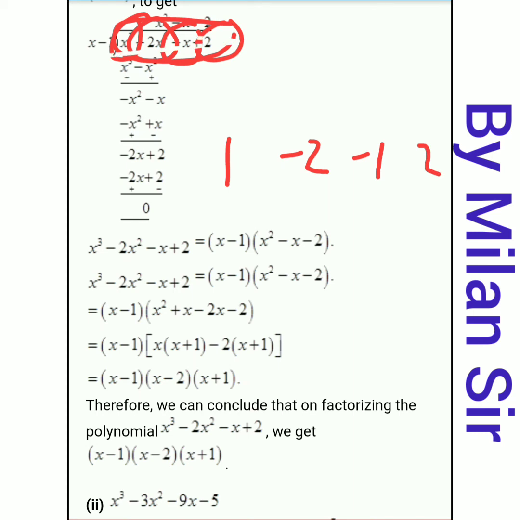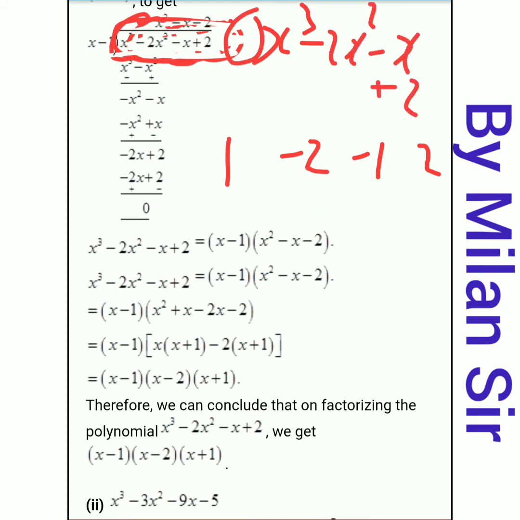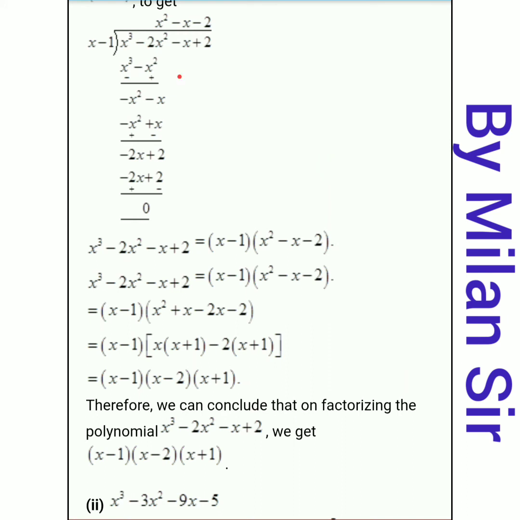Right? Here we have x cube minus 2x square minus x plus 2. So write down the coefficients 1, minus 2, minus 1 and 2.